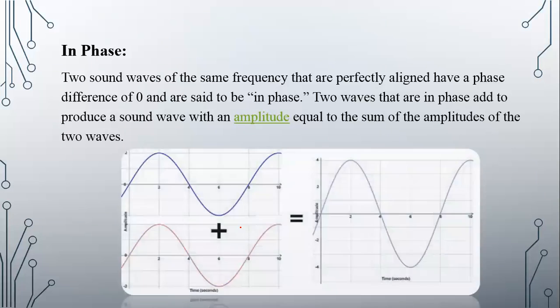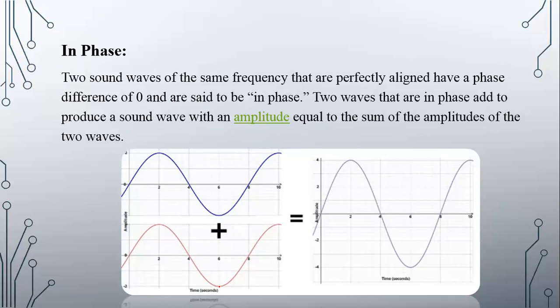The amplitude of the resultant wave equals the sum of the individual amplitudes of the two combined waves. For example, there are two waves, wave number 1 in the blue line and wave number 2 represented by the red one. When they combine, you can note that where the crest of one wave falls, the crest of the other wave also falls at the same point. So the crest of one wave falls on the crest of the other and the trough falls on the trough.